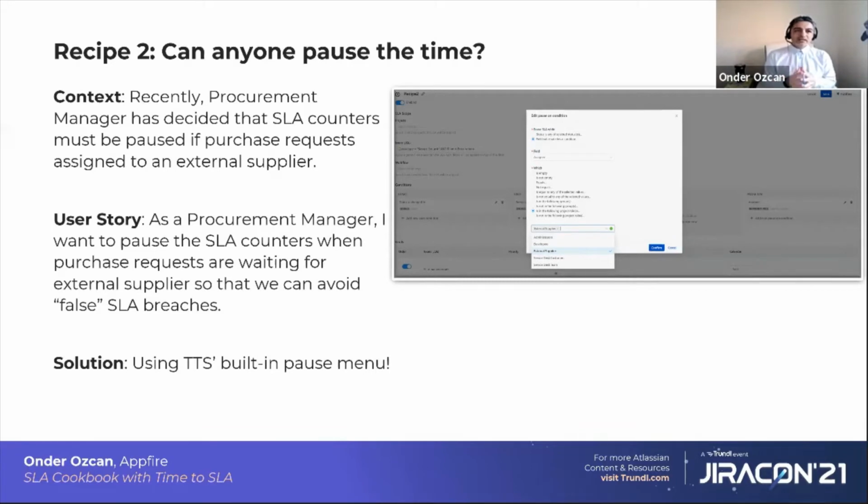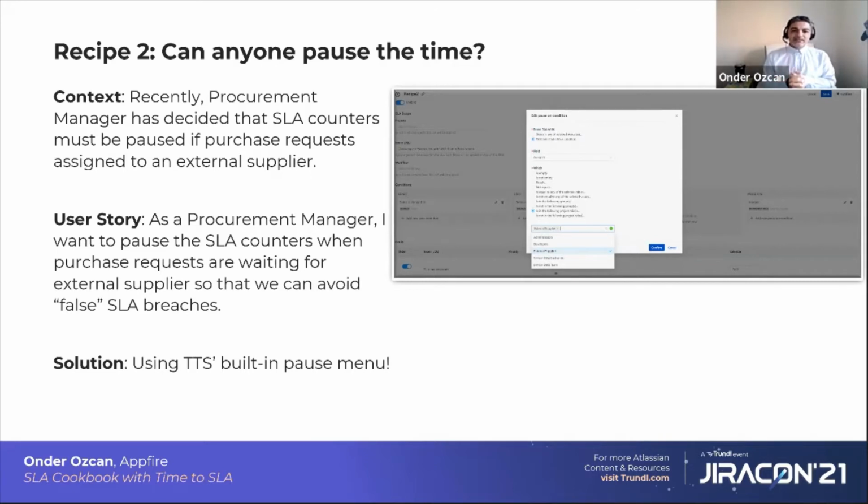Again, SLAs are really important KPIs for many organizations. So it is important to nail it down, important to configure and tune in a way that it is perfectly aligned with your business process.